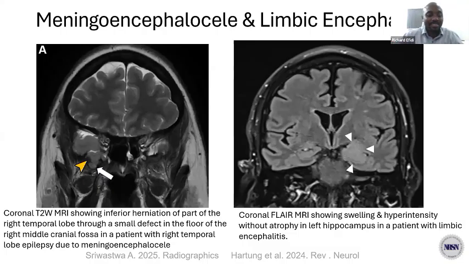Now, another important etiological cause of focal epileptogenic lesion is what we call meningoencephalocele. This is important because this is often missed. It's not a common lesion, but it's an important cause. So meningoencephalocele, as you can see in this image, involves herniation of part of the temporal lobe, in this case the right temporal lobe, into a defect in the middle cranial fossa.